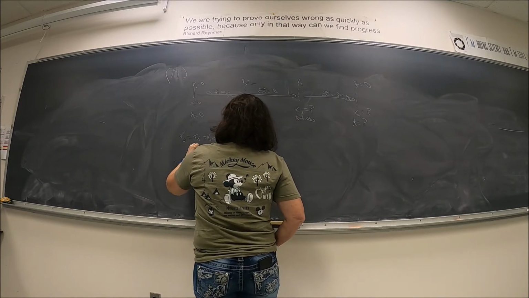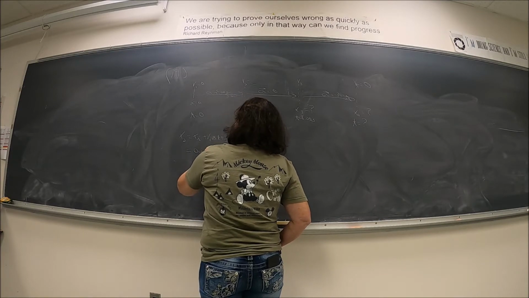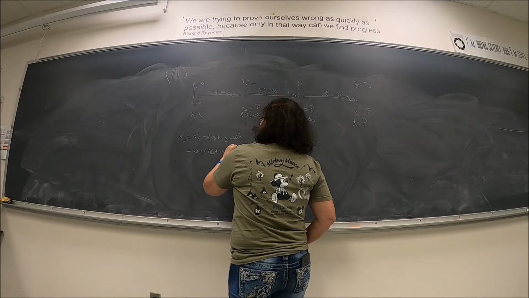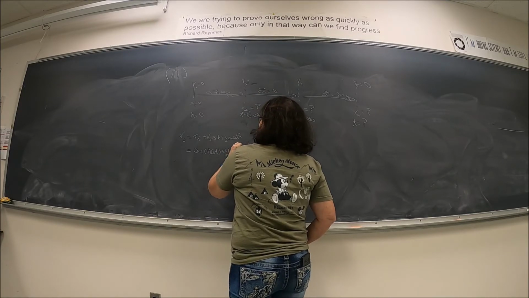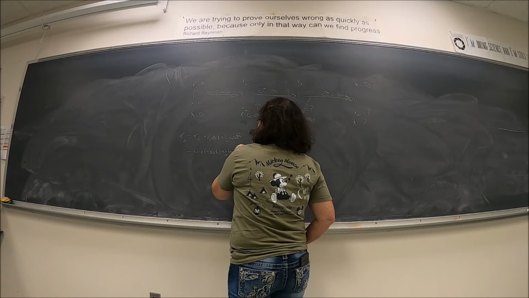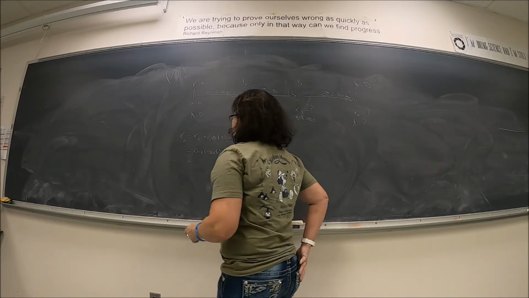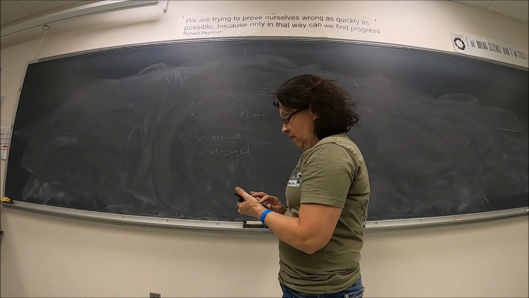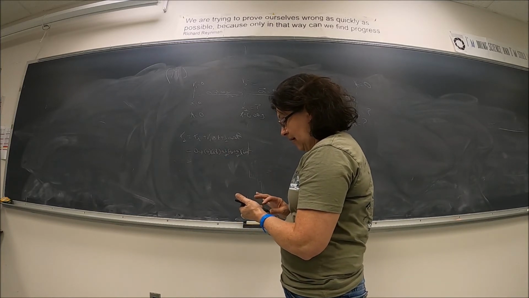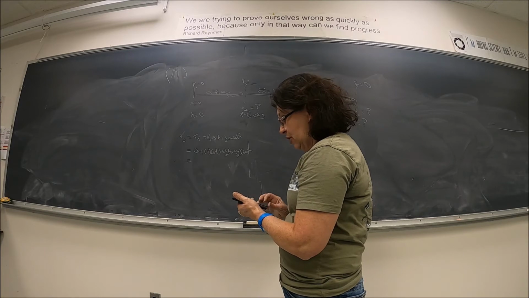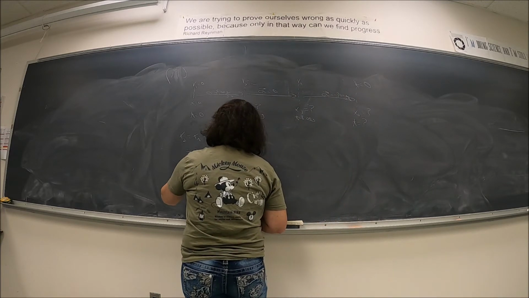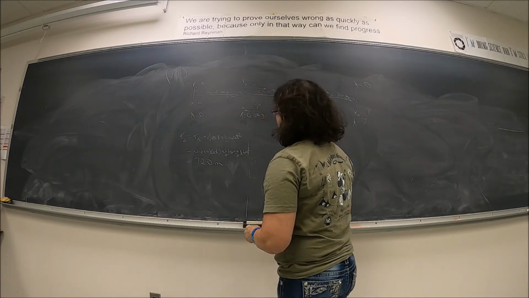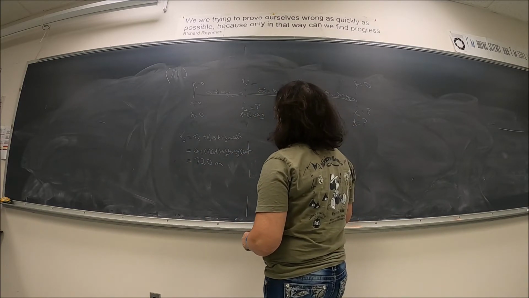So I can say 0 plus 0 times delta t plus 1/2 times 4 meters per second squared times 6 seconds squared should give me x2. So 6 squared times 4 divided by 2, that gives me 72 meters. Okay, so I now know what x2 is.